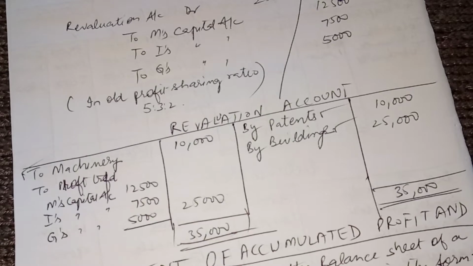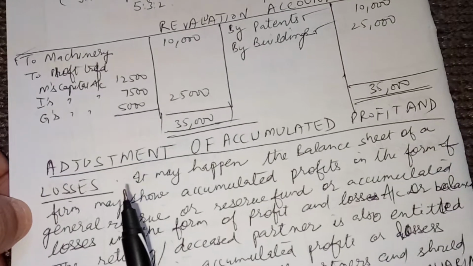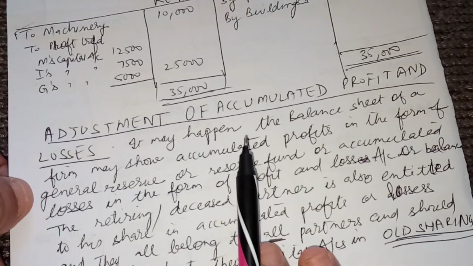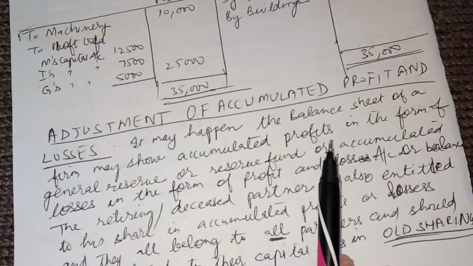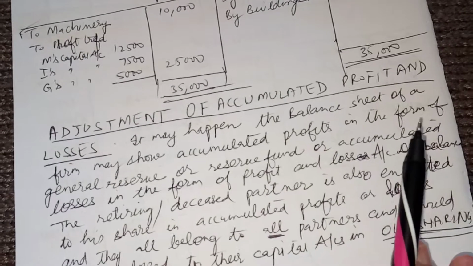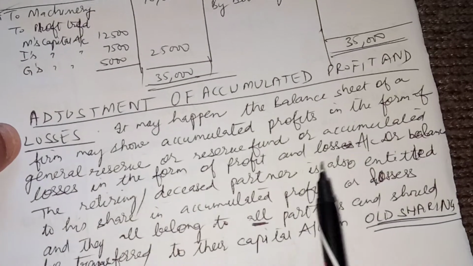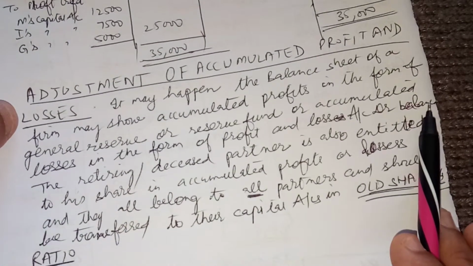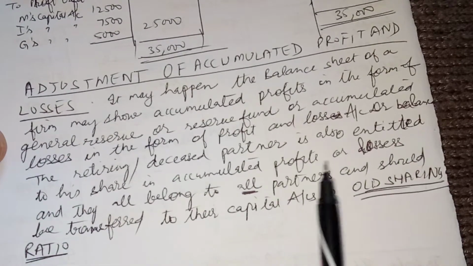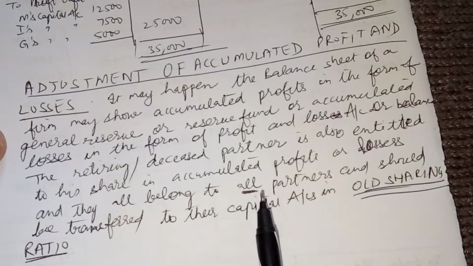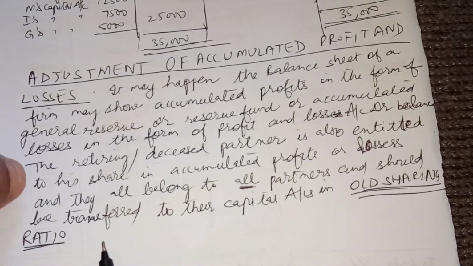Another adjustment required is the adjustment of accumulated profits and losses. It is also the same. The balance sheet of the firm may show accumulated profits in the form of general reserve or reserve fund, or accumulated losses in the form of a profit and loss account, that is the debit balance. The retiring or deceased partner is also entitled to his share of accumulated profits and losses, as they all belong to all the partners and should be transferred to their capital accounts in the old profit sharing ratio.